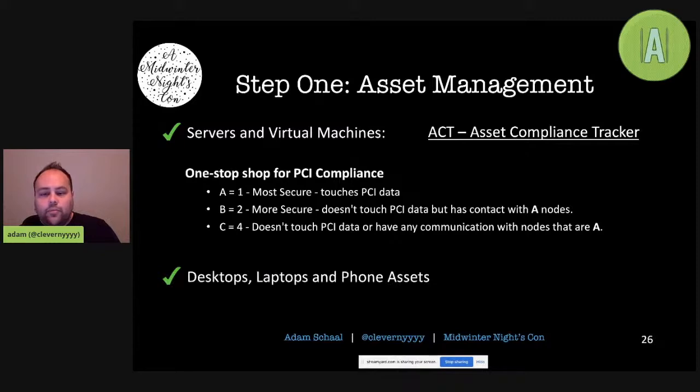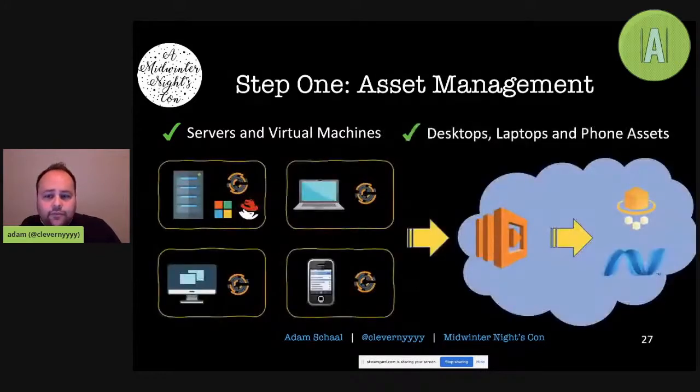And why stop here at servers and virtual machines? We can include desktops, laptops, and phones as well. After all, IT has already tracked all that information into this ACT before giving them out to new employees. So I have management software already installed on the machines, so I can take this information and grab it all.